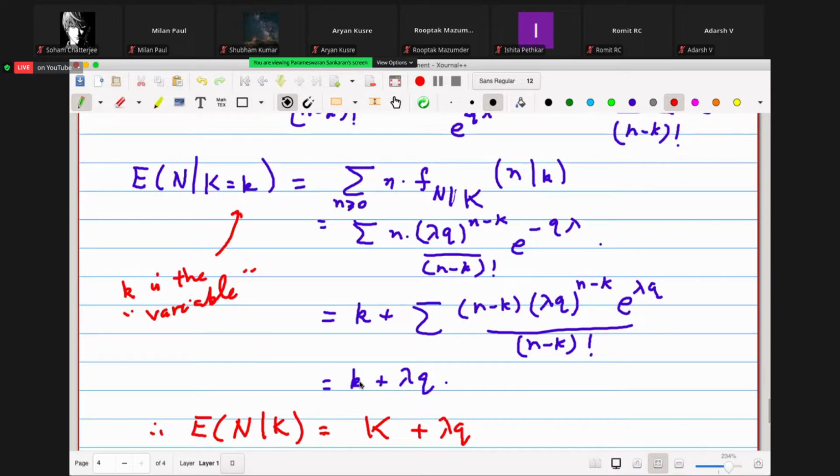That function of k, you must be able to express it in terms of capital K. Some function of capital K evaluated at little k. Now in this case, it's obvious. You look at this as a function, evaluate it at little k, you will get capital K plus lambda q. If you had k square here, you would have had capital K square here. Okay?